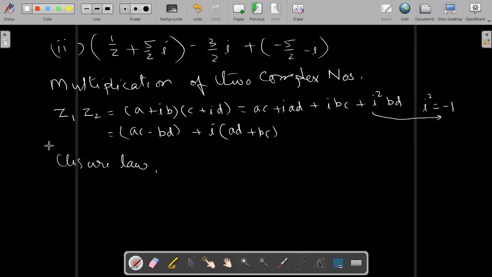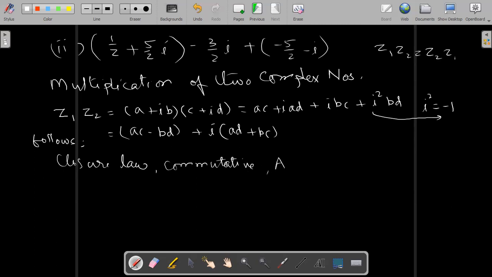So this is a simple multiplication, and it follows all the laws. It follows the closure law, and the commutative law of multiplication, which means you can multiply in any order. Z1 Z2 will be equal to Z2 Z1. Closure law means the product of two complex numbers is a complex number.